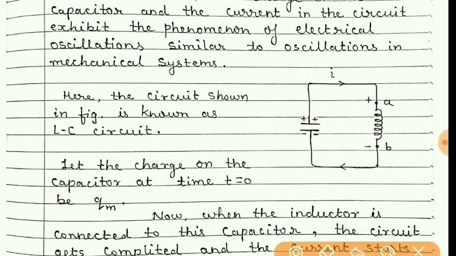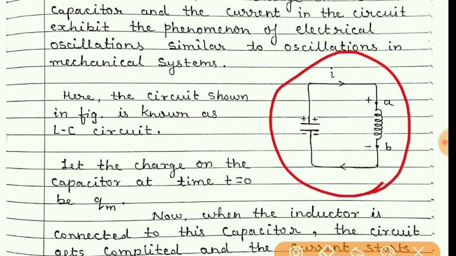Now here you can see a figure in which the circuit shows a capacitor connected with an inductor. Here we will consider that the capacitor is initially charged and then it is connected with an inductor.